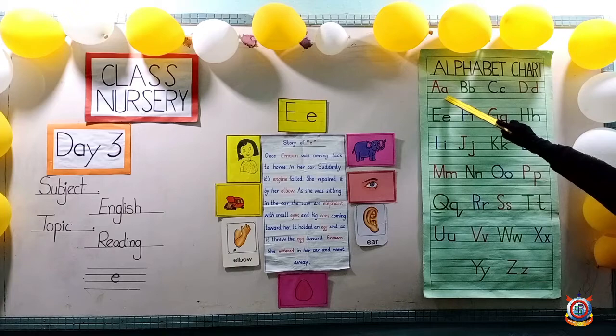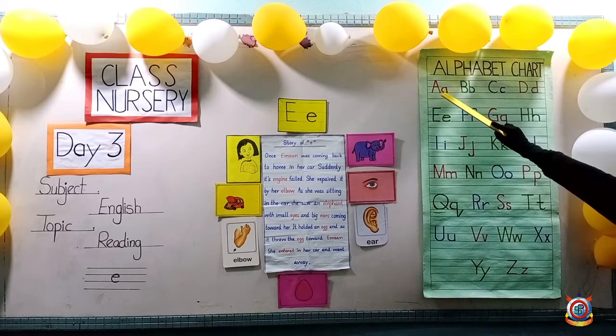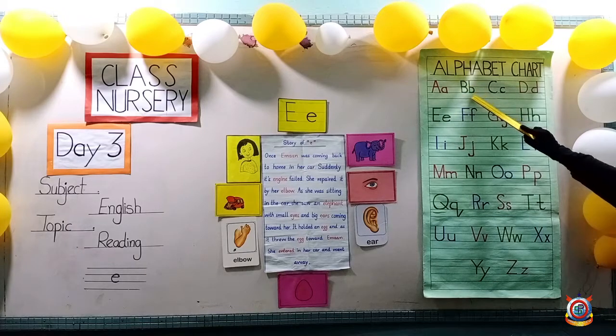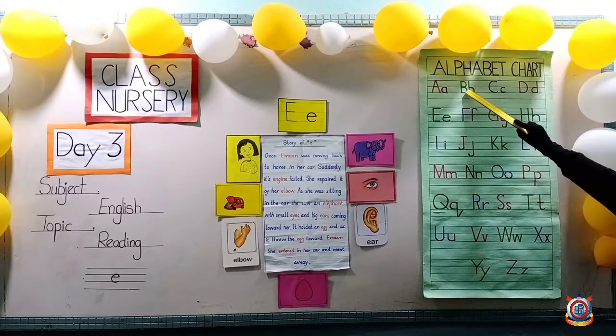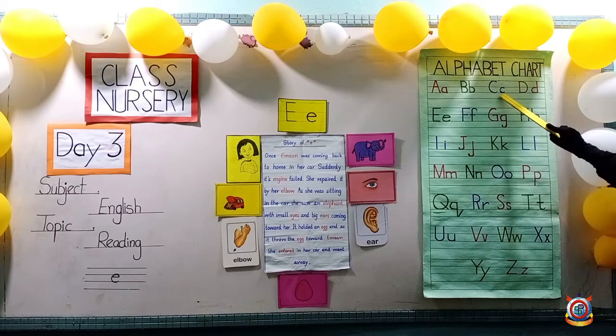The formation of A is all the way round, up and down. The formation of B is top to bottom, up all the way round. The formation of C is round and round.